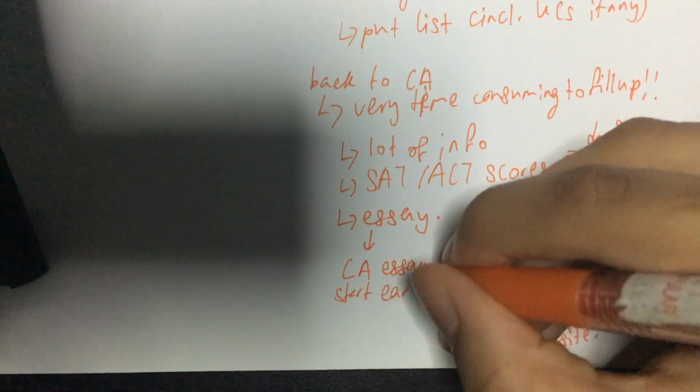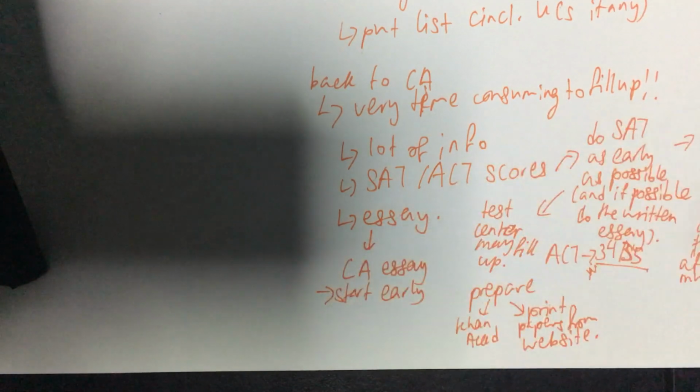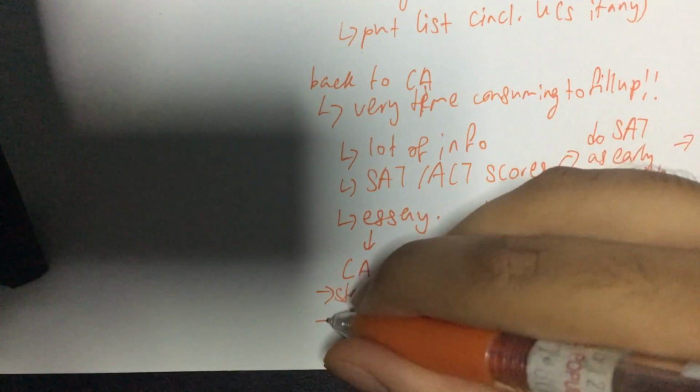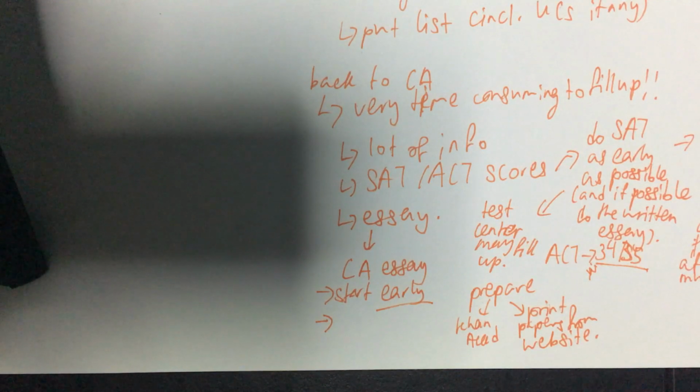If you are the kind of person who needs a lot of time to refine your draft, then do start early by all means. But of course, that also depends on how free you are, how much you care about your A levels and things like that. So have your own schedule for doing the essay.